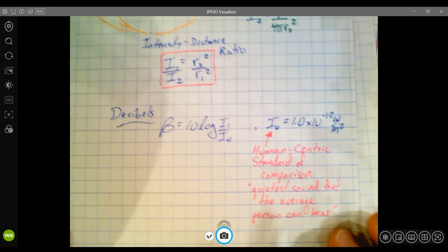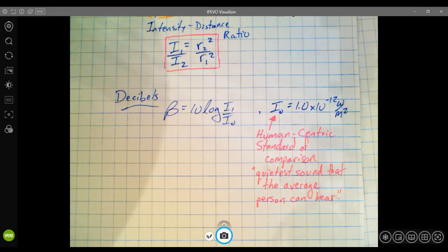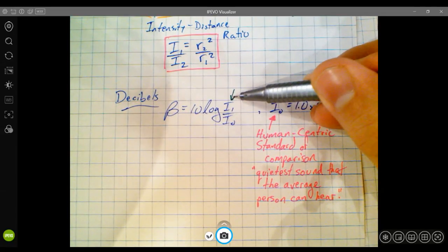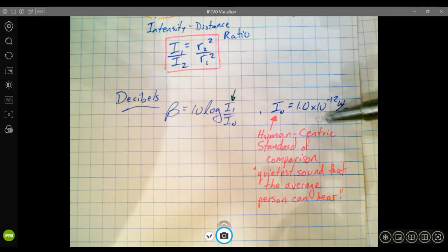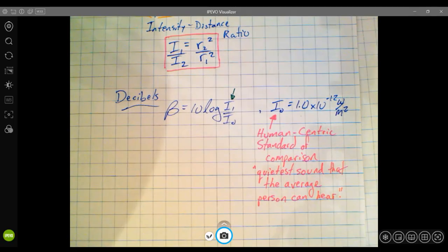We talked about decibels, and decibels feeds into this idea of intensities as well. Remember, decibels is a way to compare intensities, and most commonly we compare an intensity, call it I1 here, to a human-centric standard of comparison, where I naught is equal to 1.0 times 10 to the power of negative 12 watts per meter squared, which is thought of as the quietest sound that the average person can hear.